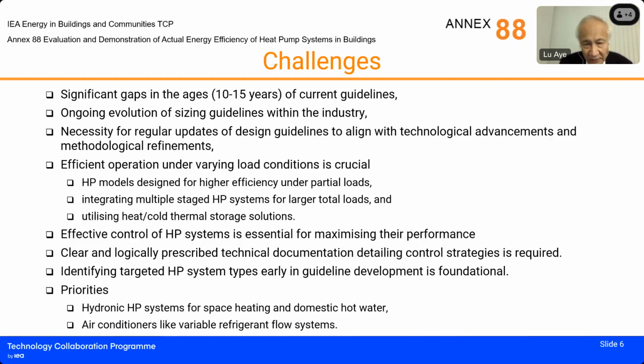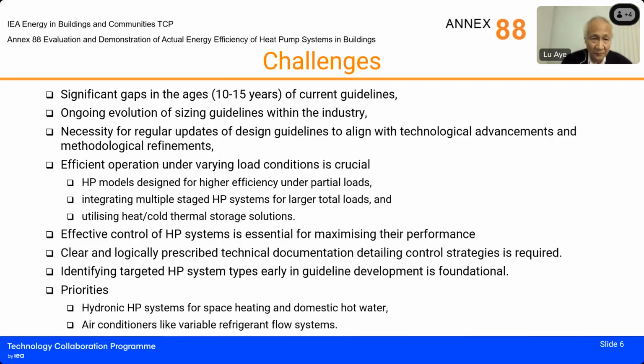Another important thing Lauren also mentioned, which we also found in the standards, is efficient operation under varying load conditions. If you are going to apply this to a heat pump, we need to think about varying load conditions, because the temperature outside is always changing. So for the one that you select, you need to make sure that you have better efficiency at partial load.